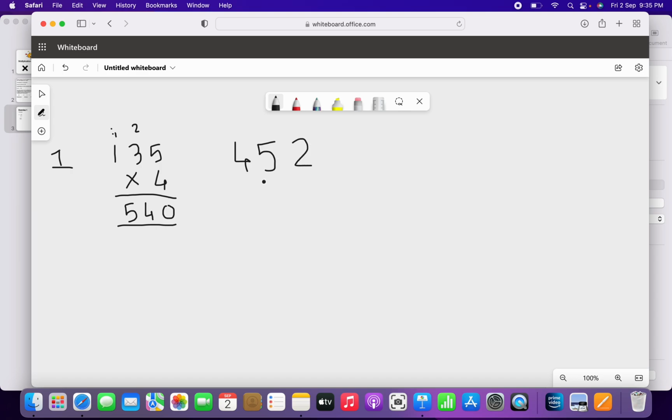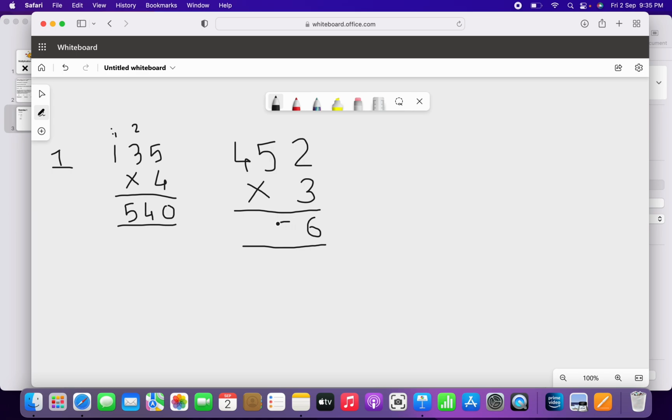Again, it's 3 tables. 3 2s are 6. 3 into 5 is 3 5s are 15.